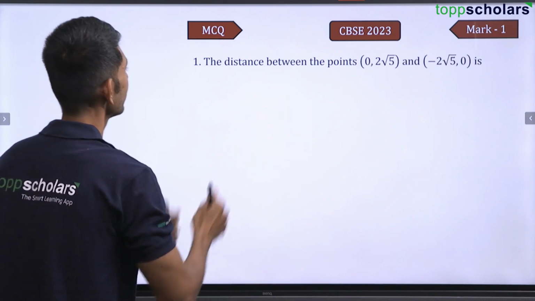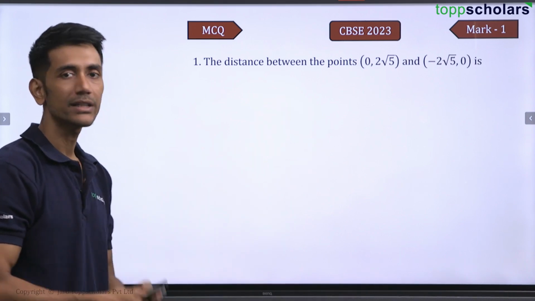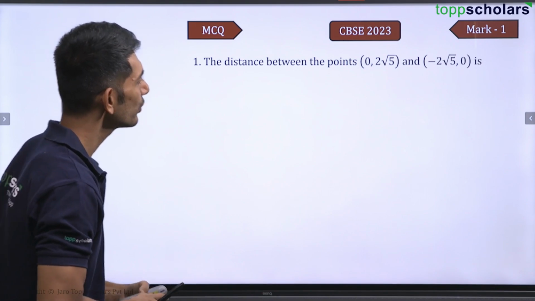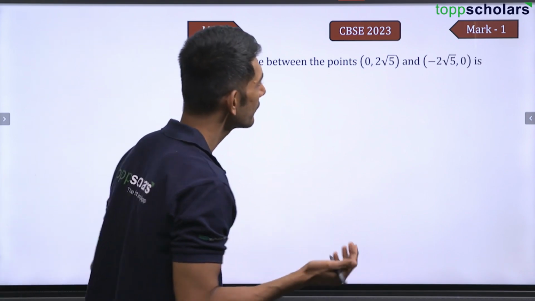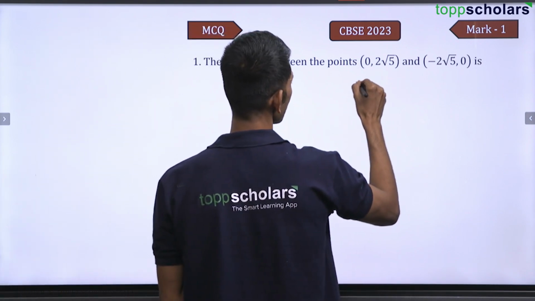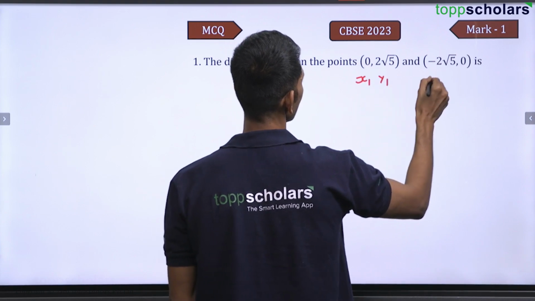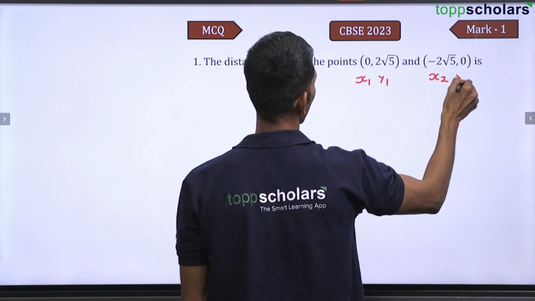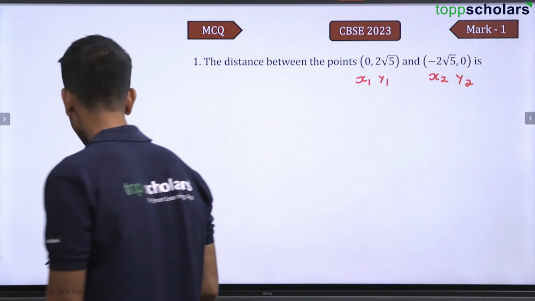The new question says we are supposed to find out the distance between the points (0, 2 root 5) and (minus 2 root 5, 0). So again, this is a very simple question. This is like your x1, y1. This is like your x2, y2. Isn't it?